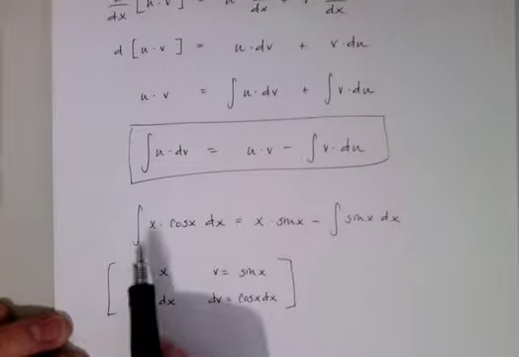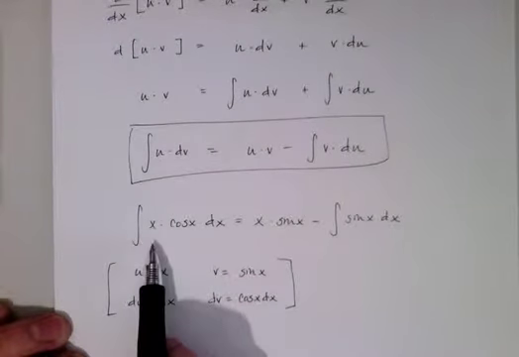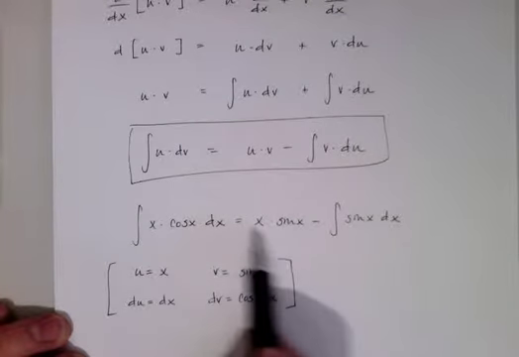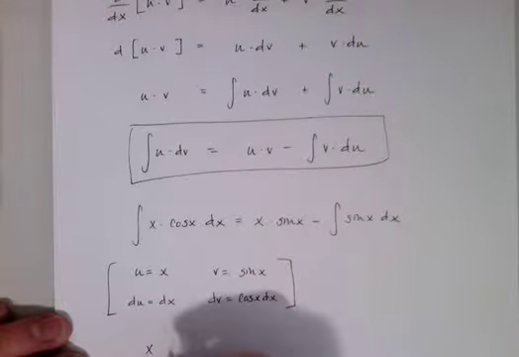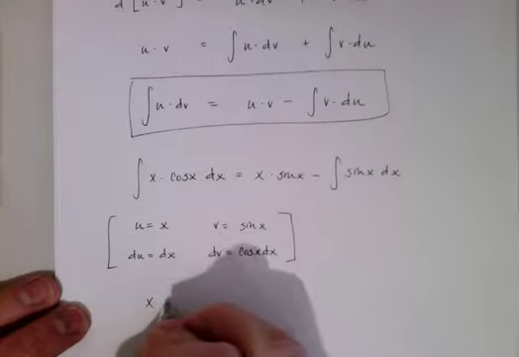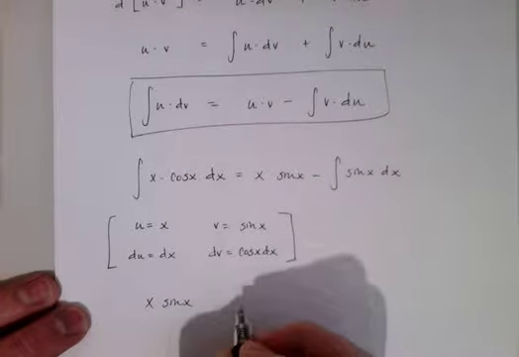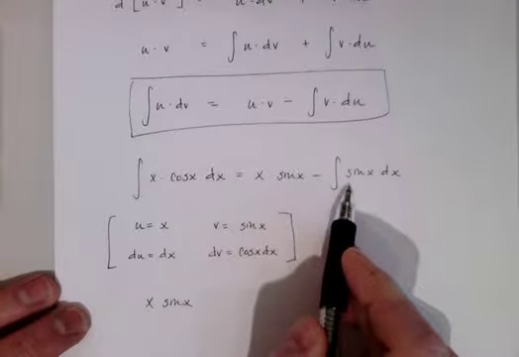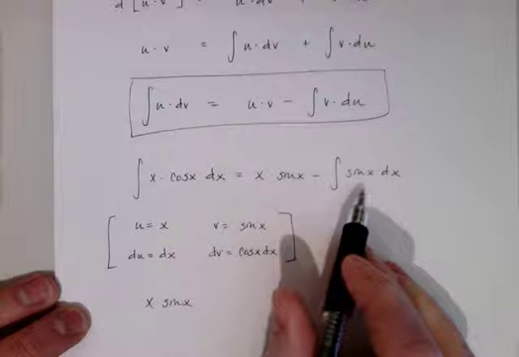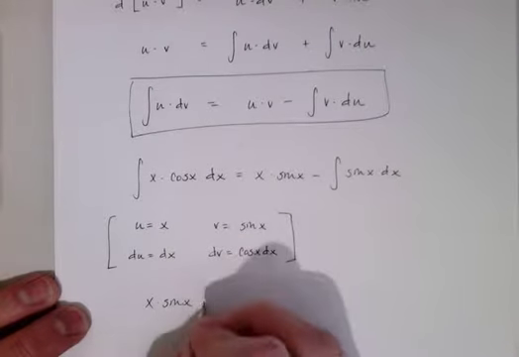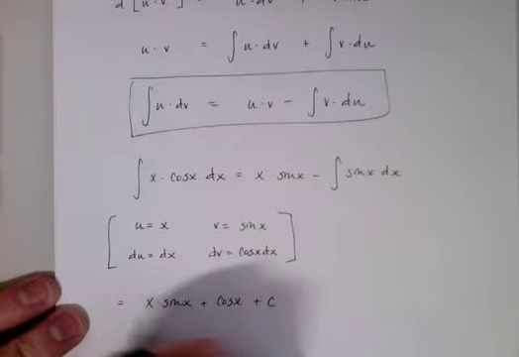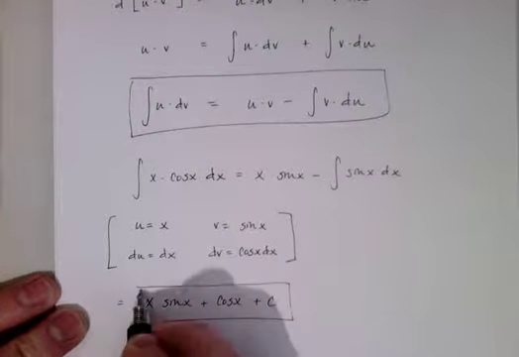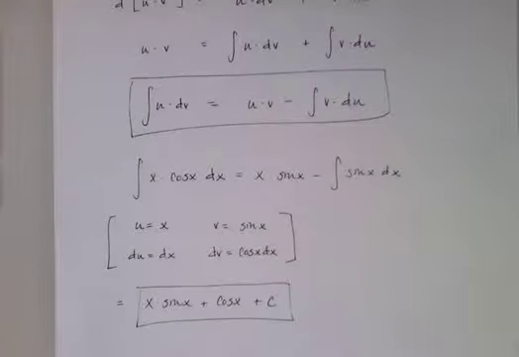Now, I've taken it from something that didn't look integrable to a term minus something that is very integrable. Okay? So basically that becomes x times sine x, and to integrate sine x, I'm going to get negative cosine. Well, that negative is going to cancel with that one, so I'm going to get plus cosine x plus C. That right there is my integral.